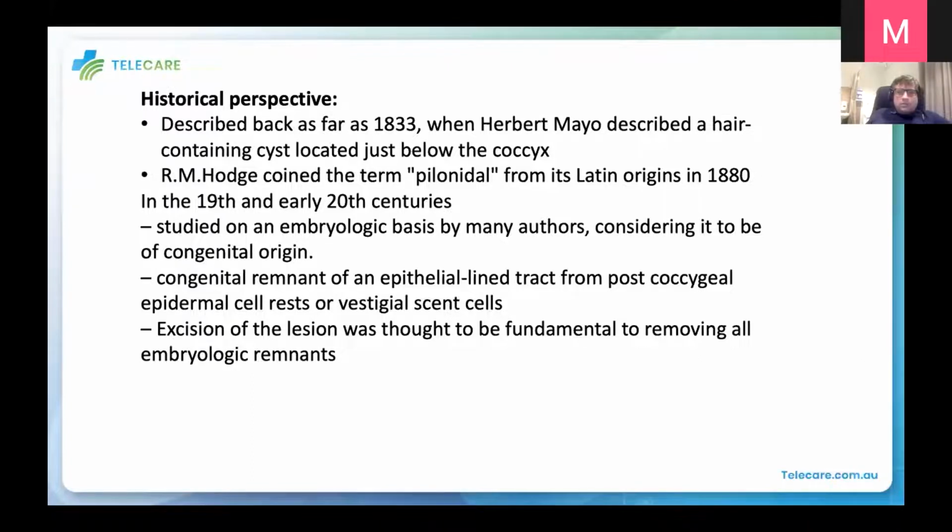It was thought to be an embryological condition, with some sort of congenital remnant structure that contained these hairs, and the basis of treatment was then to remove that embryological remnant, because at the time that was the understanding of the pathophysiology, which is not correct as we understand it now.